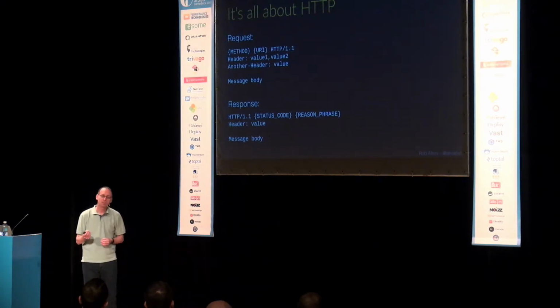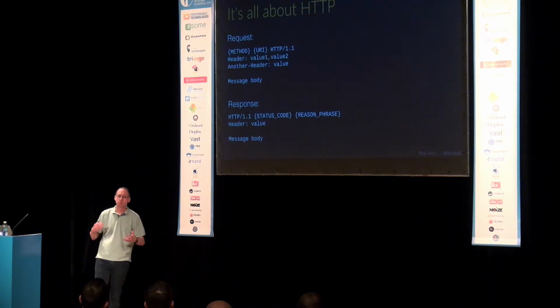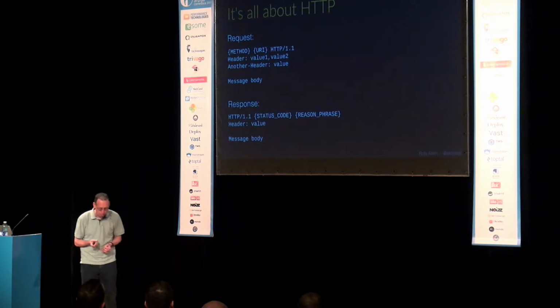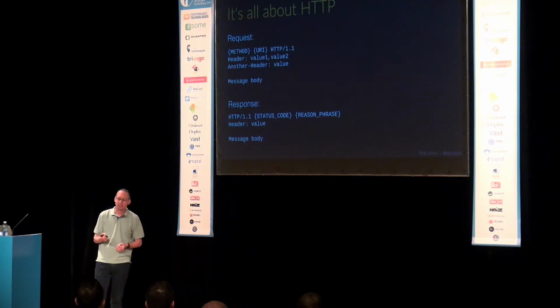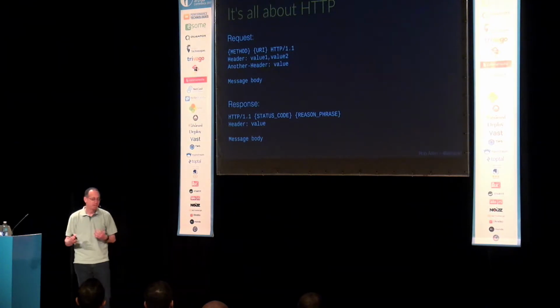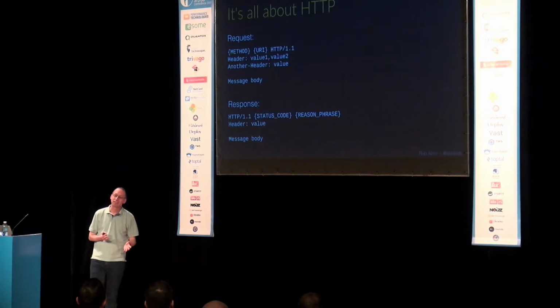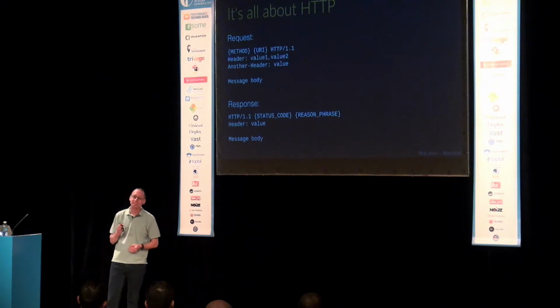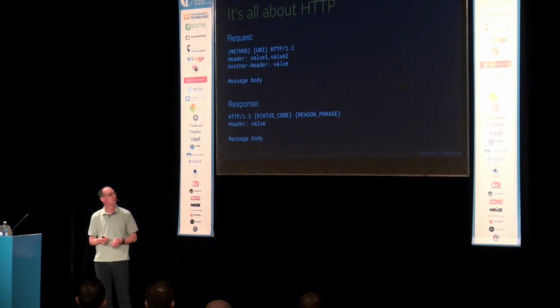You define the method that you want to execute, GET, POST, PUT, etc., then the URI, and then the version number of HTTP that you want to use, HTTP/1.1 in this case. To my mind, that's probably not really necessary, because we went nearly 20 years before we got to version 2. HTTP/1.1 was around for about 18 years before anyone thought we should improve it. That's how long it's been around.